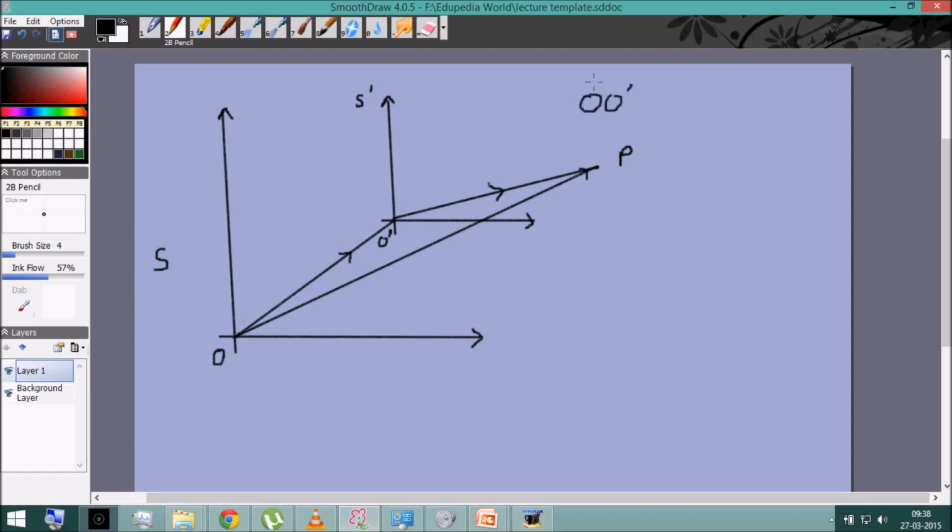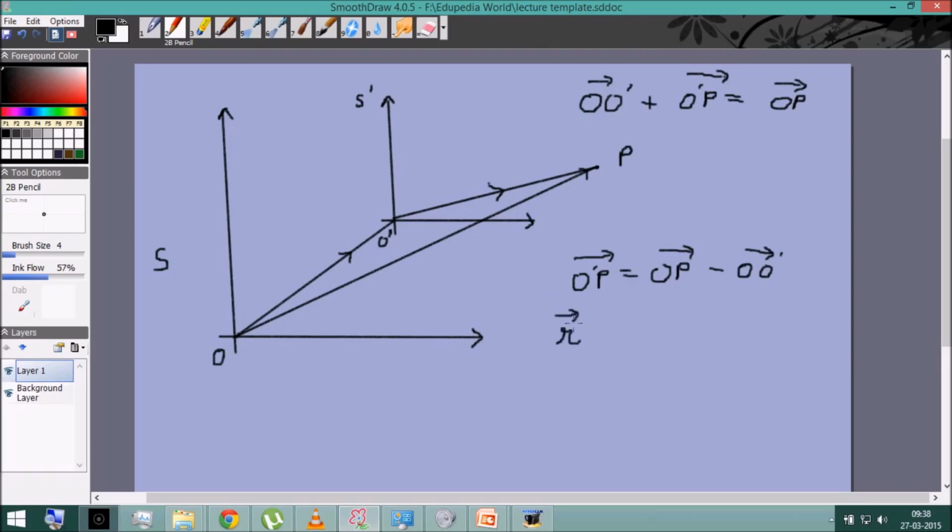By the triangle rule, we can easily see that the vector OO dash plus the vector O dash P is equal to the vector OP. Another way to write this would be O dash P is equal to OP minus OO dash.